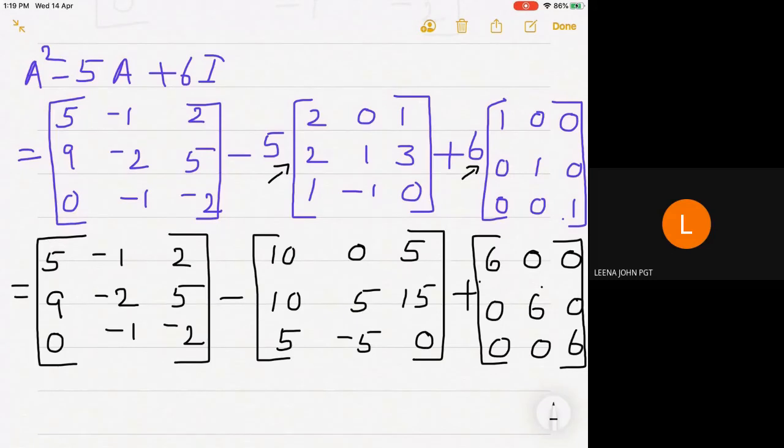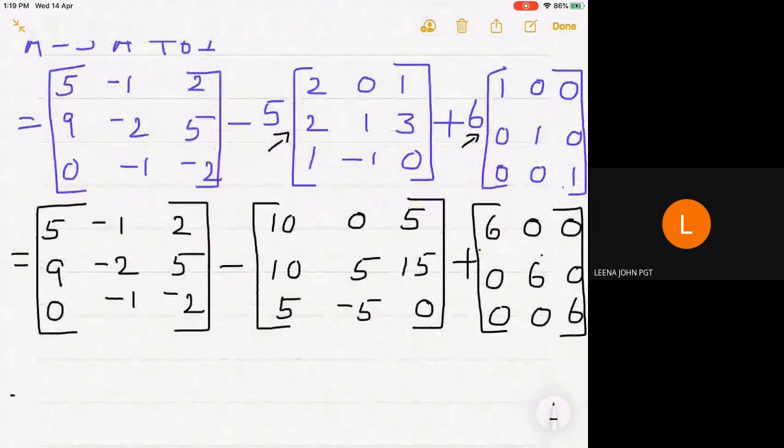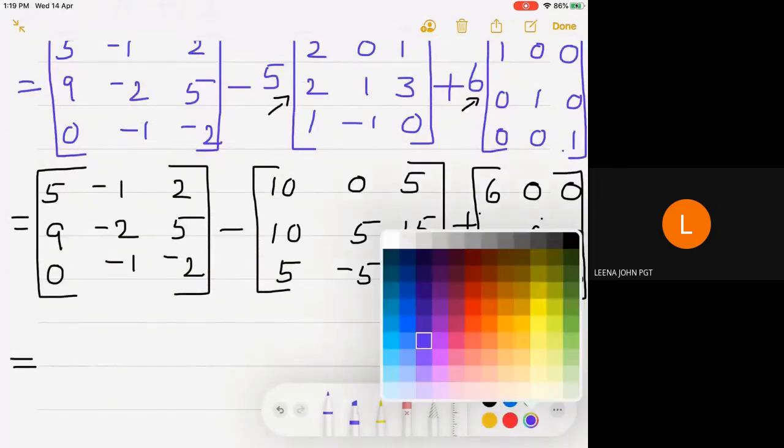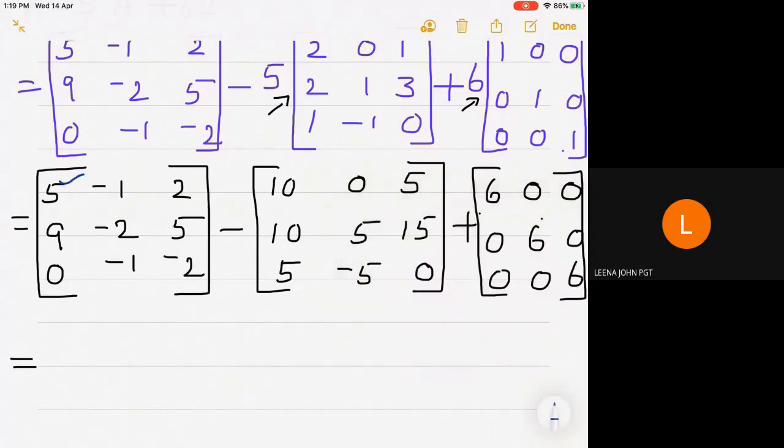Now simple addition and subtraction only you have to do. That is, in one stretch I'm doing both the operations. That is, it is 5 minus 10 plus 6 because the corresponding elements are to be operated. 5 minus 10 plus 6. Now, minus 1, minus 0 and plus 0.